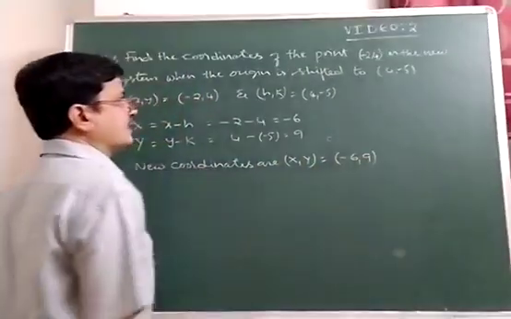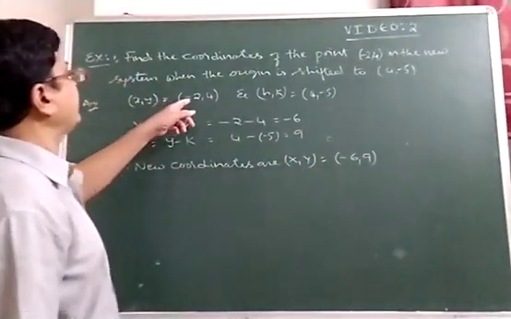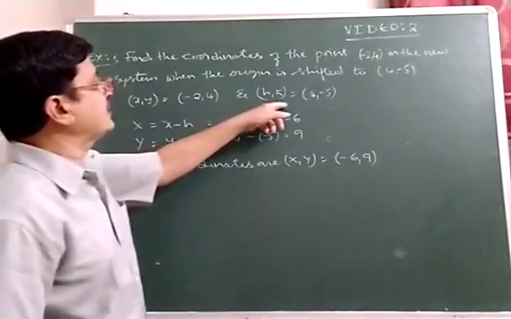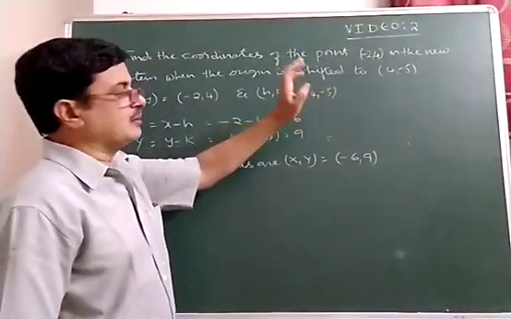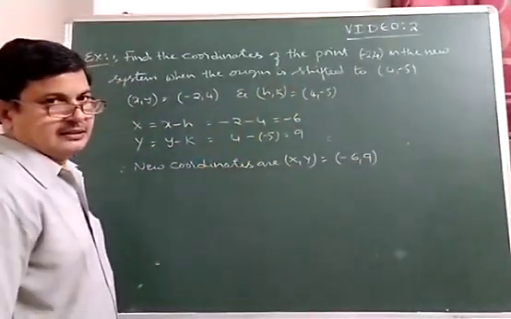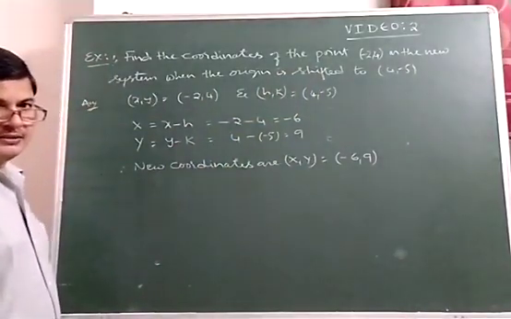These are the new coordinates of the given point minus 2 comma 4 when the origin is shifted to 4 comma minus 5. Then we go to the second example.